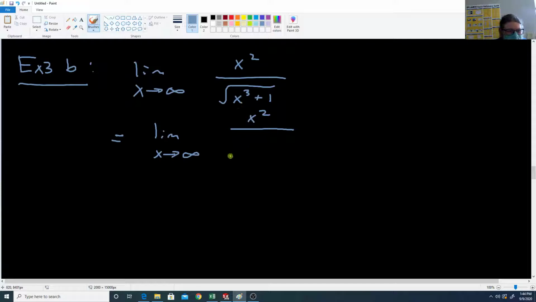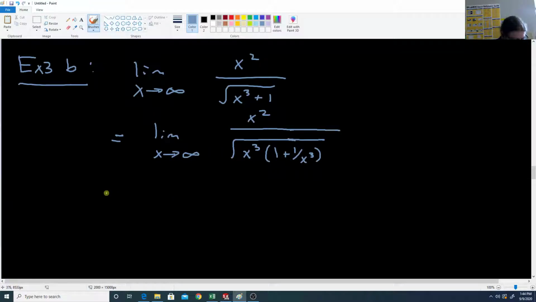So the book says, hey, we can factor out an x cubed down here, and that will look like this. When we remove the x cubed from itself, it leaves a 1. When we remove the x cubed from a 1, we get a 1 divided by x cubed.